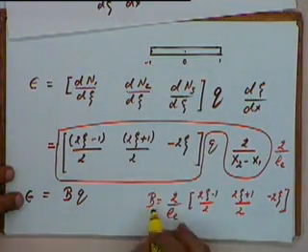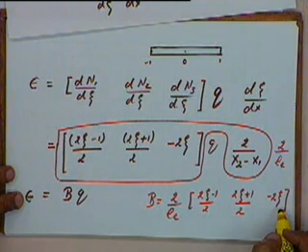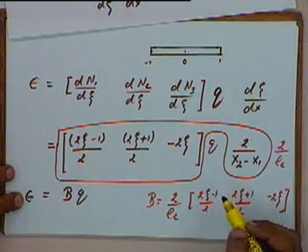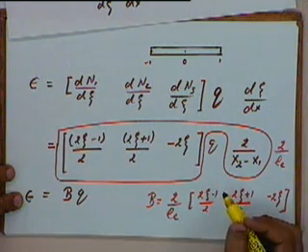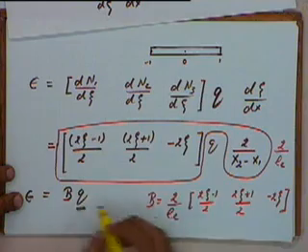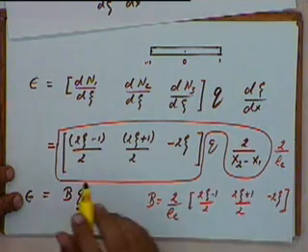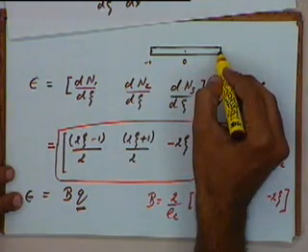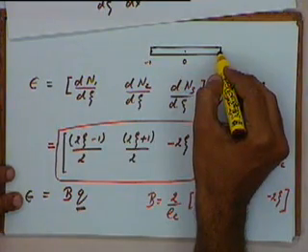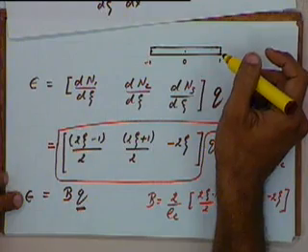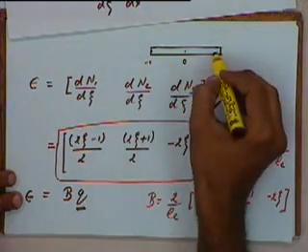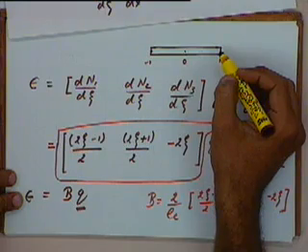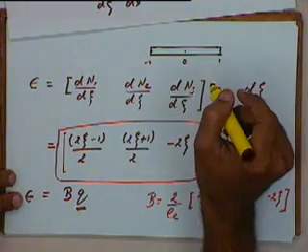So this strain is going to vary within this element as a linear combination of q1, q2 and q3, the three parameters here. While in the previous case, when we were taking linear shape functions, the strain within the element was constant. So those are the constant strain elements. In this case, the strain is not constant, but is going to vary linearly.